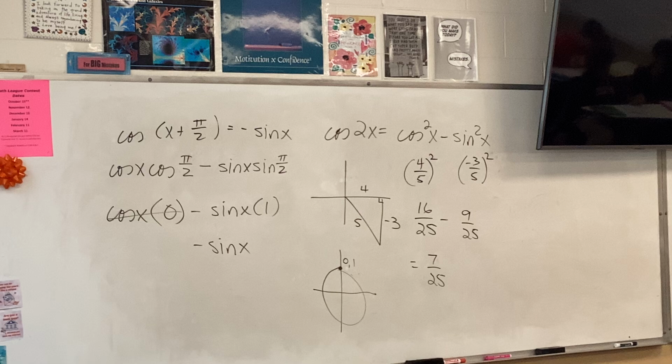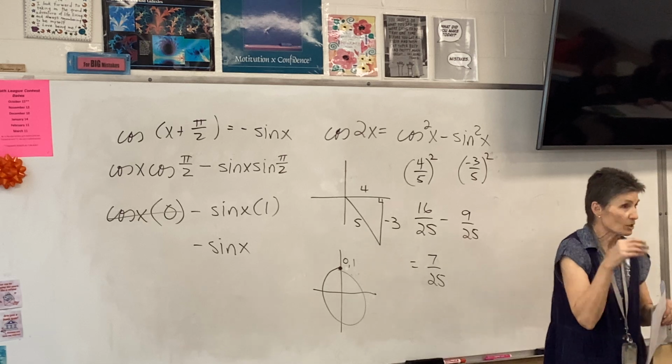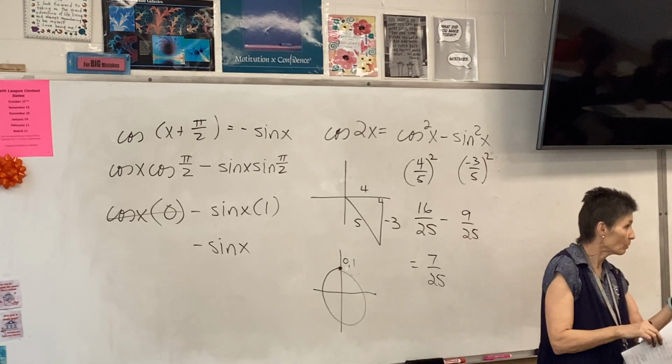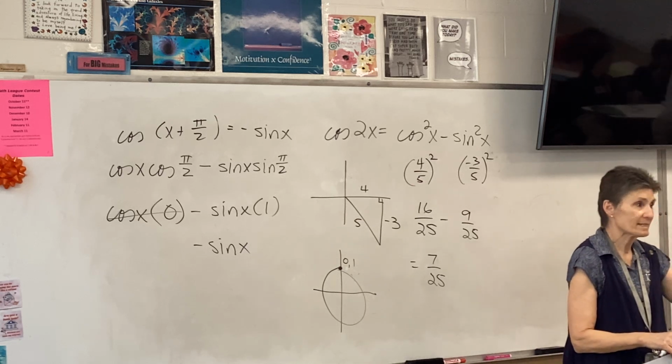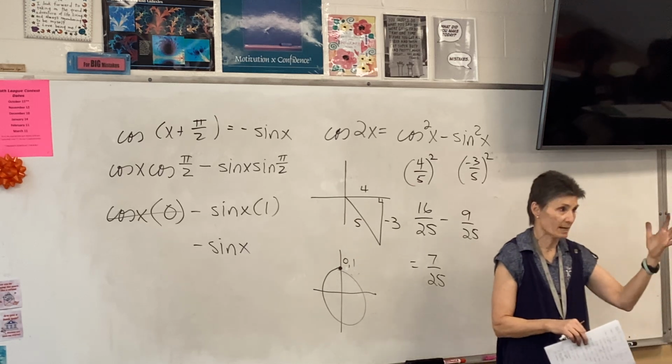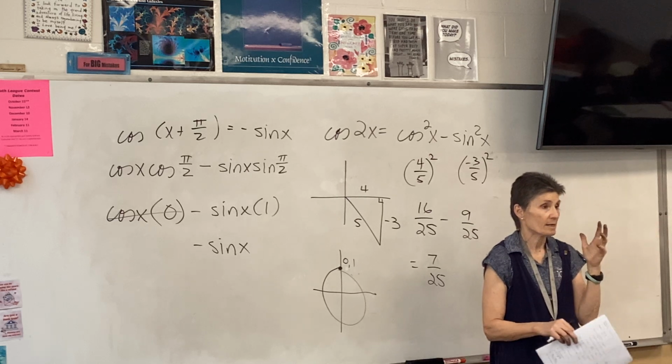But since it's backwards, it's a cosine formula, so you make the cosine negative, not the 26. The 26 is still 26. So it's a negative cosine 26.